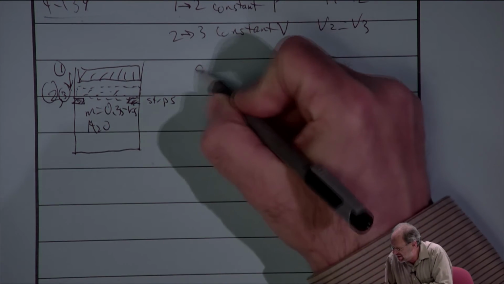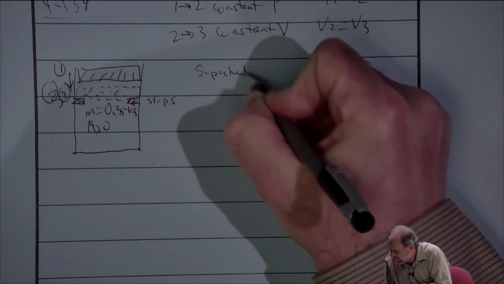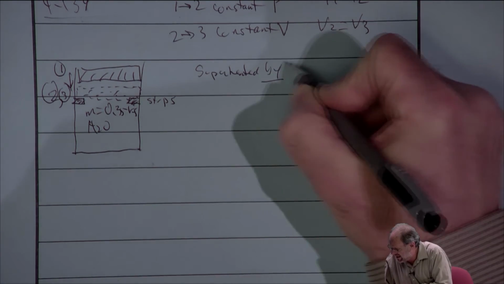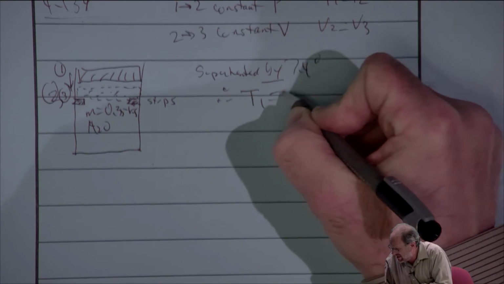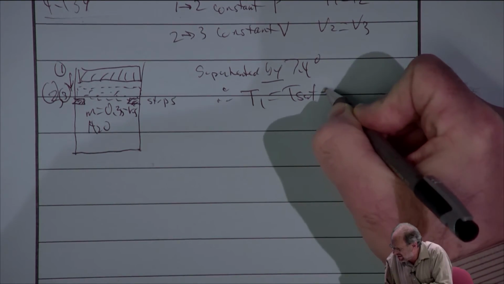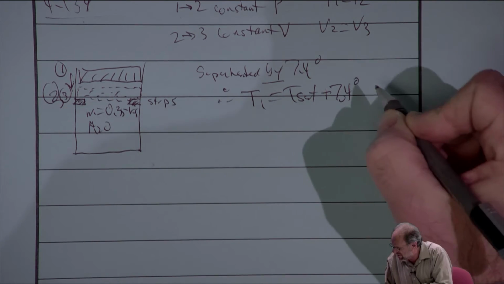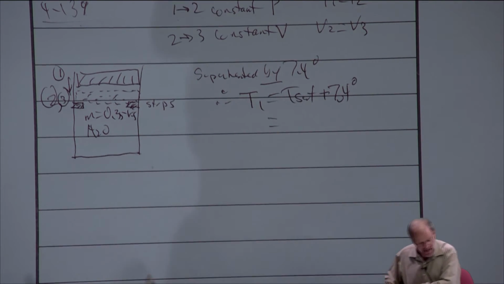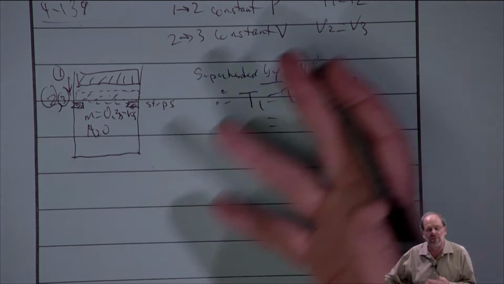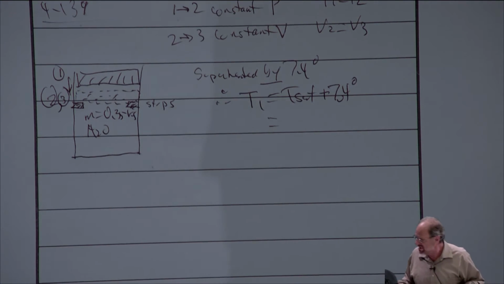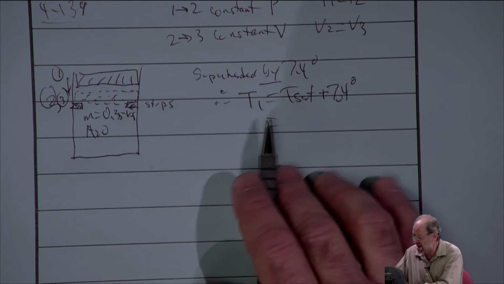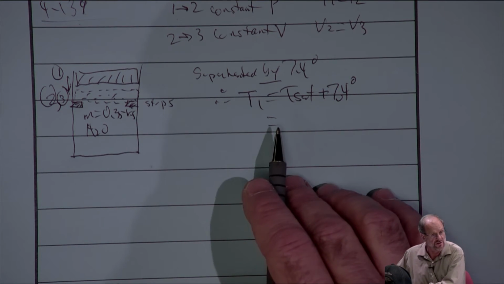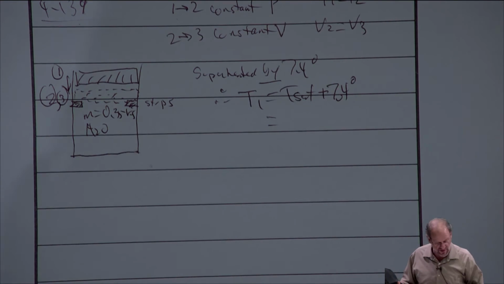It's superheated by 7.4 degrees. Therefore, T1 is equal to Tsat plus 7.4 degrees. And we'll figure out what that value is shortly. But at least we know that T1 is not the saturation temperature. It's a certain number of degrees above the saturation temperature.